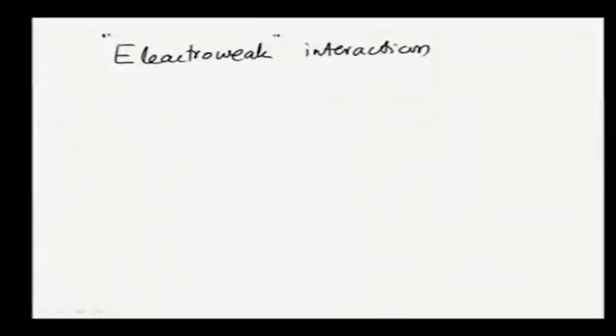Some kind of a unification between the electromagnetic and the weak interaction has to be considered for consistency, and the gauge group that we should consider is not just SU2, but a direct product of SU2 and U1. Let us call this interaction or the charge corresponding to that as hypercharge.